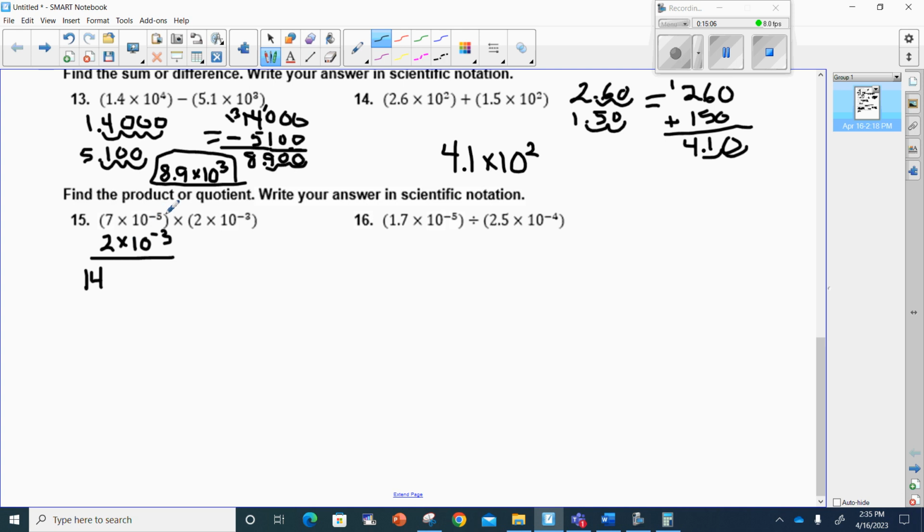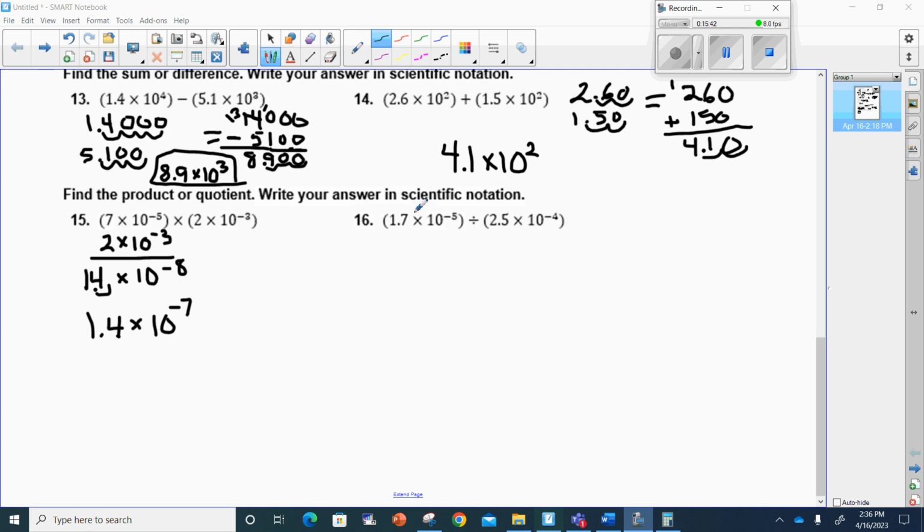And 10 to the negative 5 times 10 to the negative third, that's going to be 10 to the negative 8. Now remember, our decimal point has to be here, so that means I have to go back 1. So this is going to be 1.4. If I made my number smaller, I have to make this one bigger. But bigger for negative numbers means that it's going to go closer to 0. So that's going to be 10 to the, I'm thinking, negative 7th power. And that should be my final answer on that one.